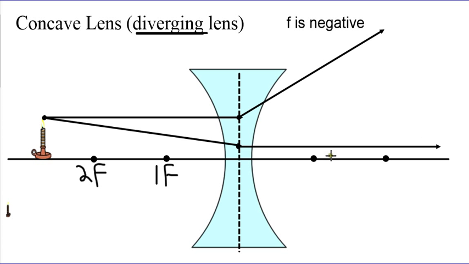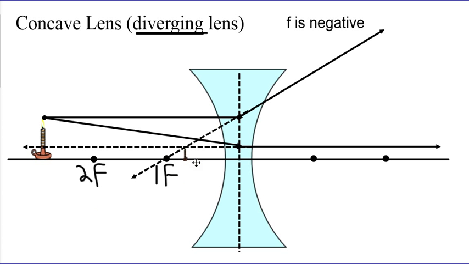And what you'll notice is that these two lines are diverging, so that means, once again, we draw our refracted rays as extensions towards the other side, and you can see where they converge, and this is where our image is formed.